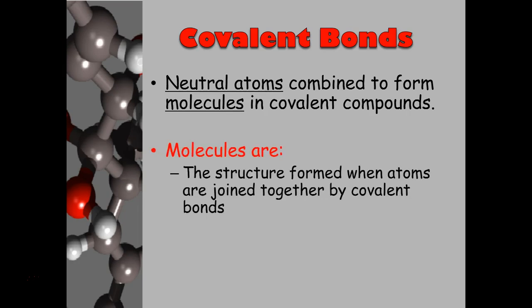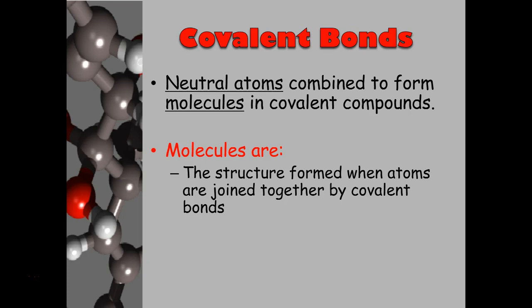Oftentimes you'll see that molecule is a term we utilize across the board, or sometimes it's more specific to actual covalent molecules. We won't get too in-depth or too nitpicky about where you use that term, so long as you're talking at least about an atom joined to another atom.